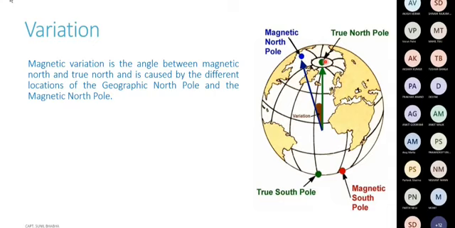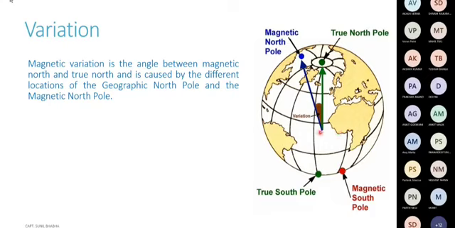The important thing to understand here is that these magnetic poles are not located at the same place where our geographic poles or the true poles are. They are at a different location. Also, the location of magnetic poles is not permanent. It keeps on shifting.